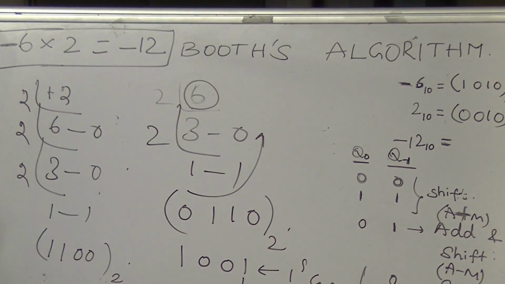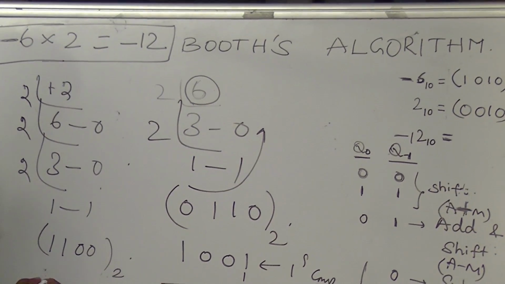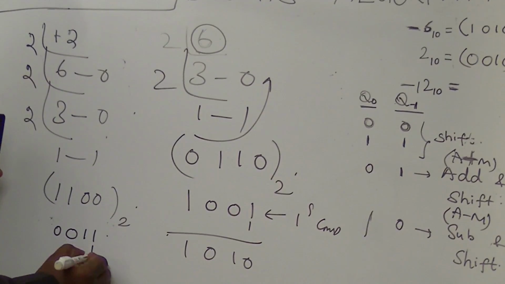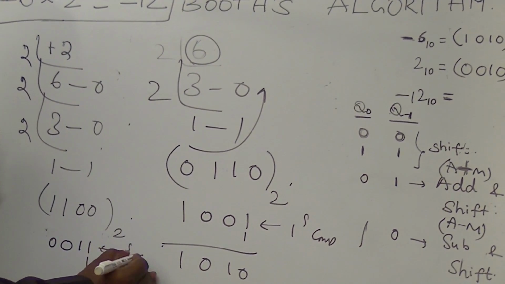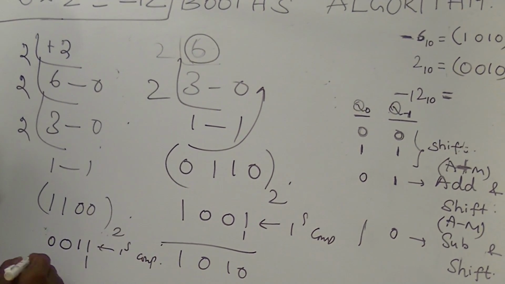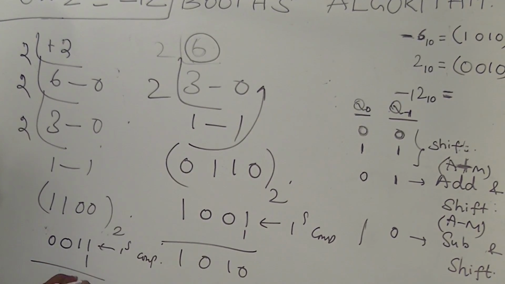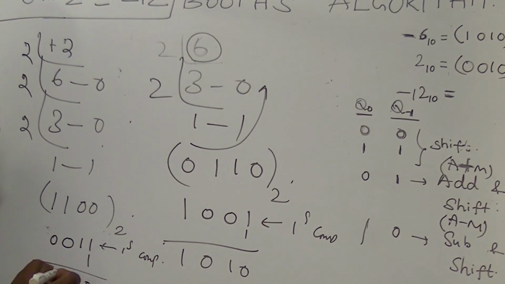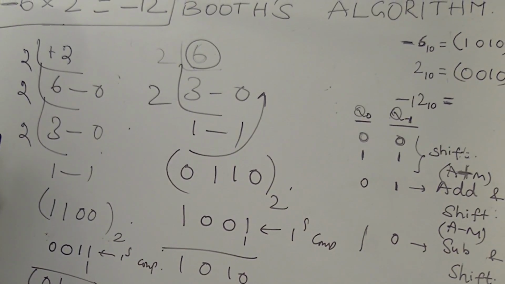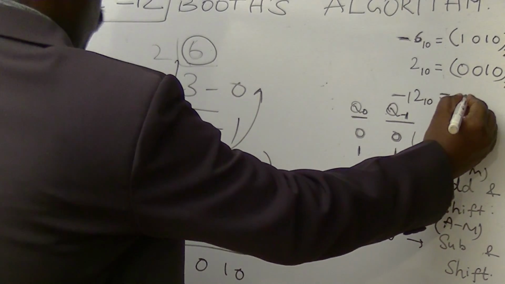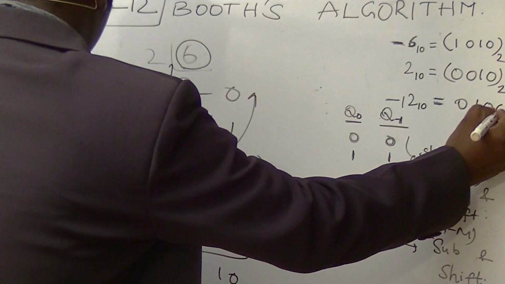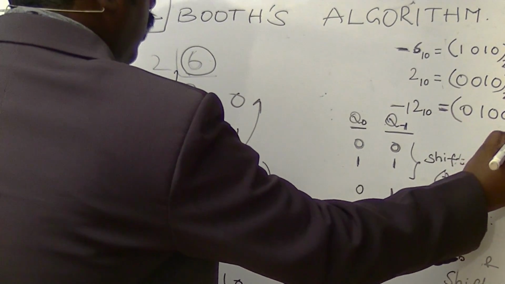Now we find the 2's complement: the 1's complement is 0 0 1 1, plus 1, gives 0 1 0 0. So this will be the final result.